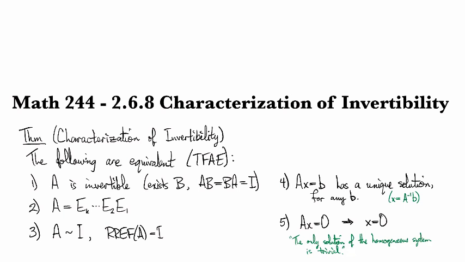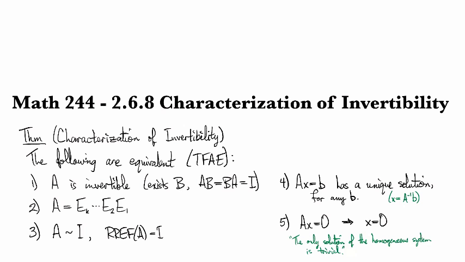If A is invertible, then we know that AX equals B has a unique solution for any B, and in particular for 0. So AX equals 0 has a unique solution. And we know that 0 is always a solution of the homogeneous equation, so therefore it must be the only one. Okay, and so we're going to go back and forth between these ideas, forwards, backwards, sideways, up, down, whatever.